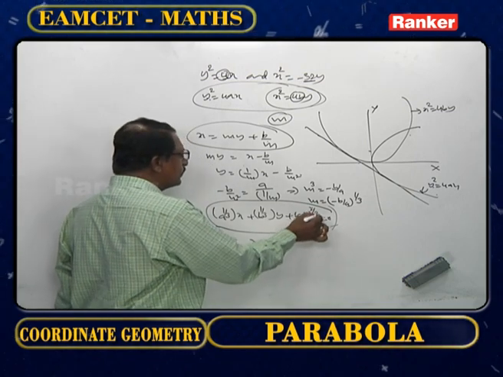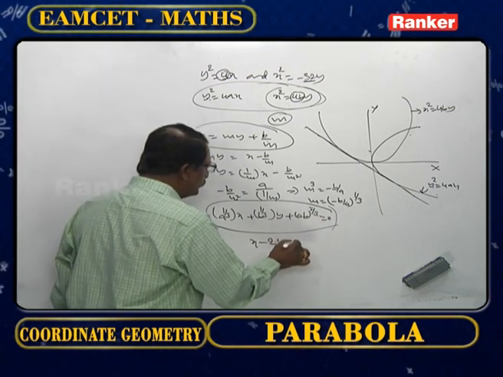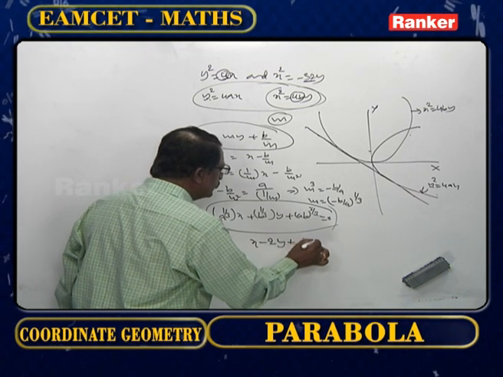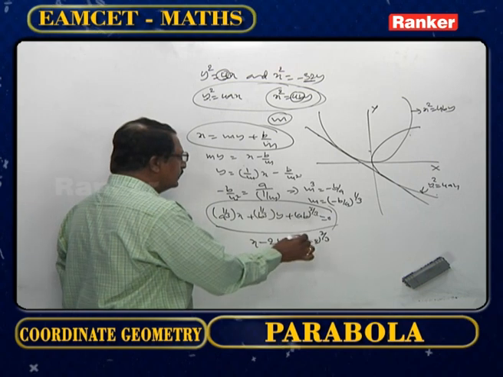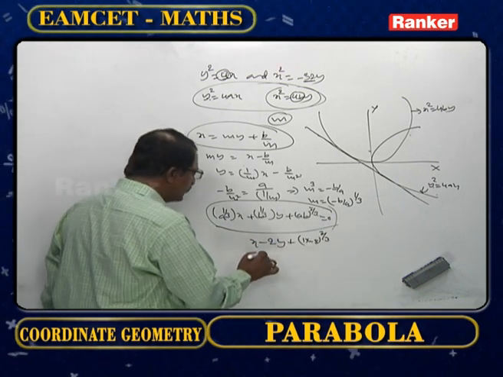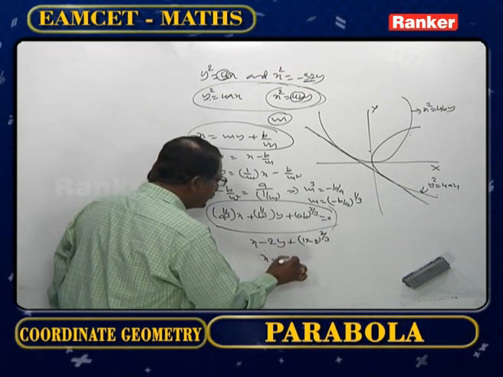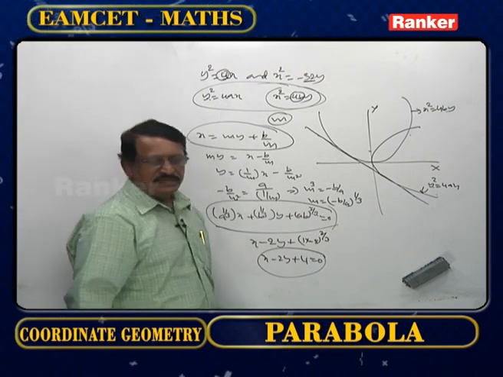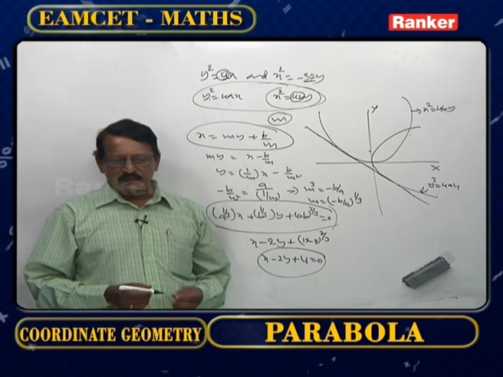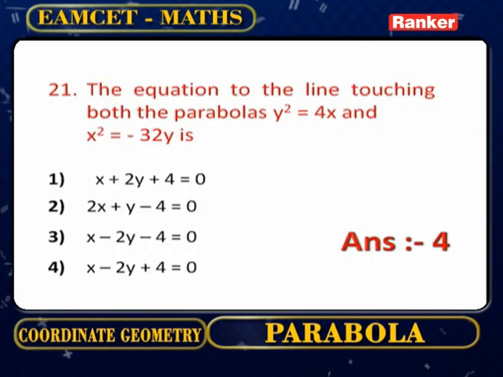Plus ab whole power 2 by 3, that is 1 into minus 8 whole power 2 by 3. Here it is an even exponent, so the equation is x minus 2y plus 4 equals 0. The required common tangent equation is x minus 2y plus 4 equals 0, the fourth option.